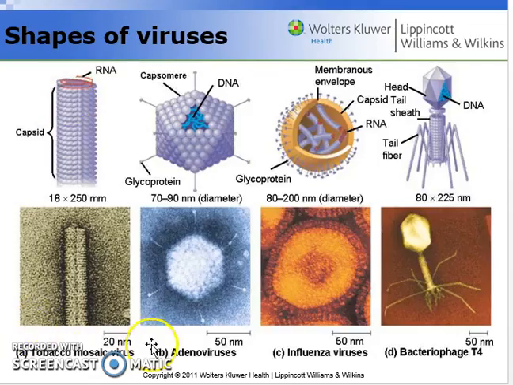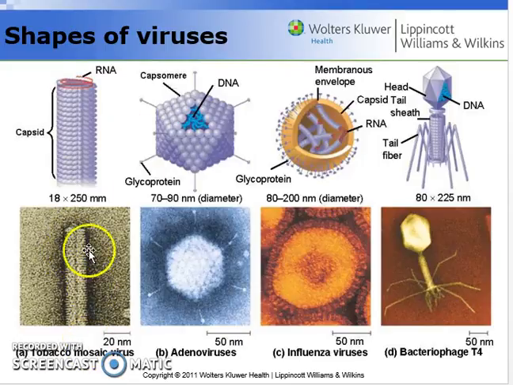And here's just some pictures of different viruses that exist and are out there. We have the tobacco mosaic virus, and here is a good pictogram of what that would look like underneath the microscope, and here's the drawing of what that would look like. So notice you can see in this image here the capsid that surrounds the genetic material.